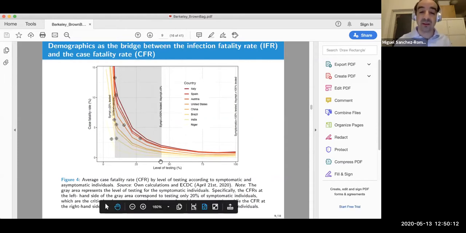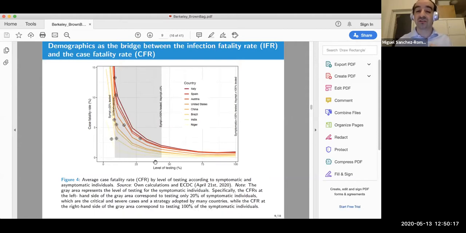But the level of testing in this particular case depends on whether you are testing symptomatic or asymptomatic individuals. To explain a little bit more, this gray shaded area represents the level of testing for symptomatic individuals. If we are on the left-hand side of the gray shaded area, it means that we are only testing symptomatic individuals that are critical or severe.